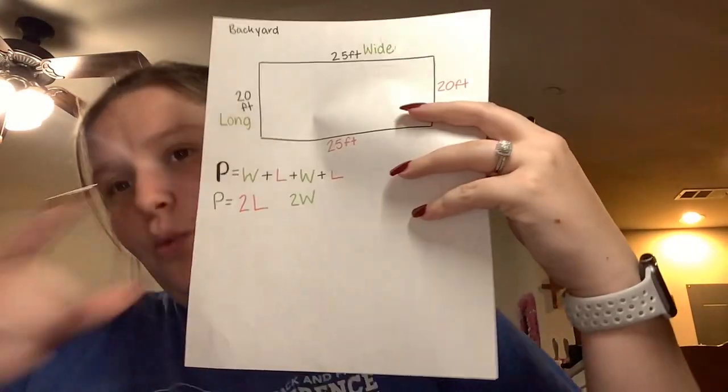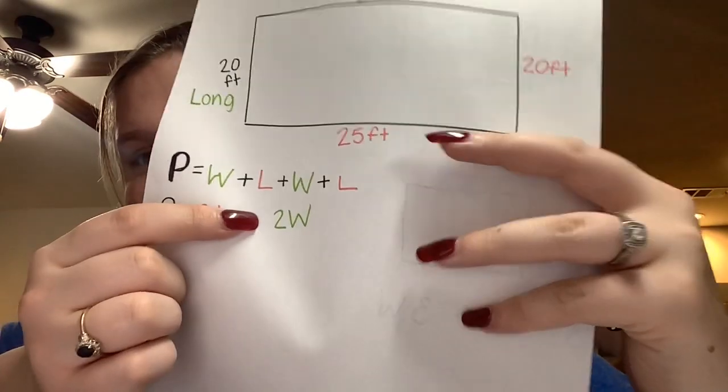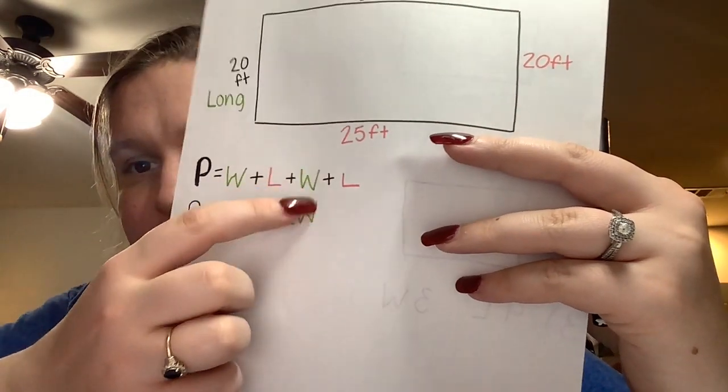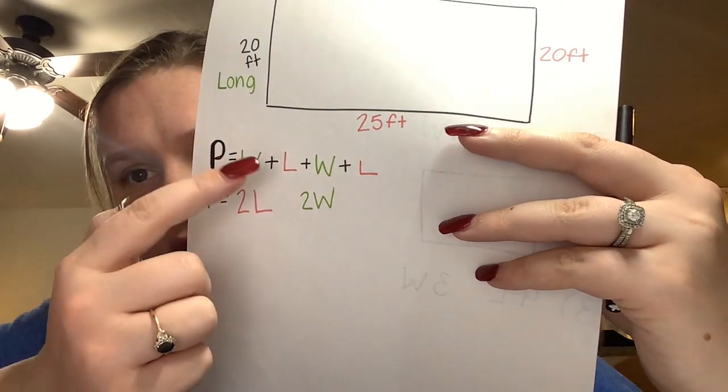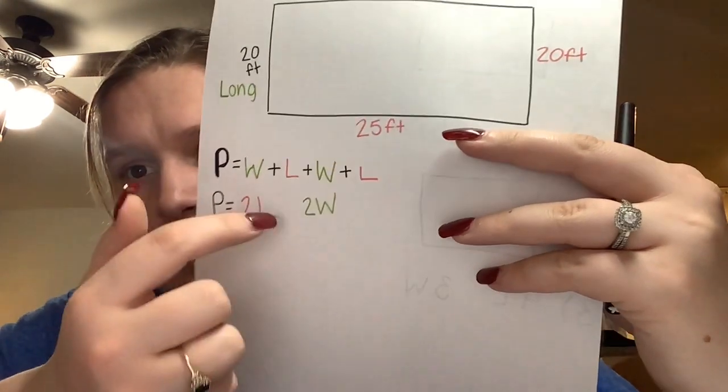So we're making our formula smaller, but I do have one question. What goes right here? If we have the 2 W's and these 2 L's, what do we still do to them? We add them. Okay, that's perfect.